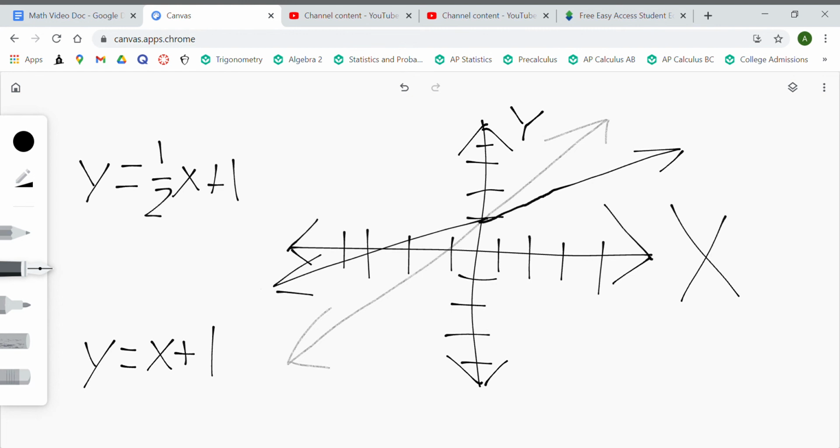So I might say that the factor is 2, which means that it is stretching away from the y-axis. But really, this number right here is what represents your stretch when writing the equation. Okay, reciprocals, only reciprocals when talking about horizontal stretches and shrinks.